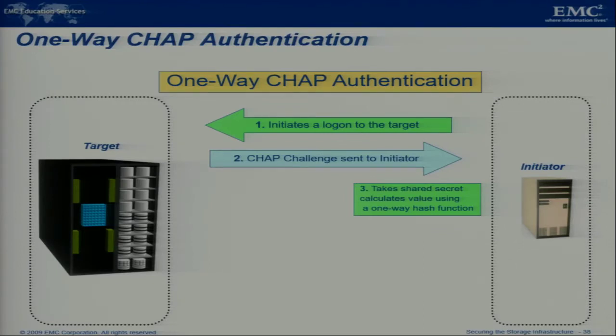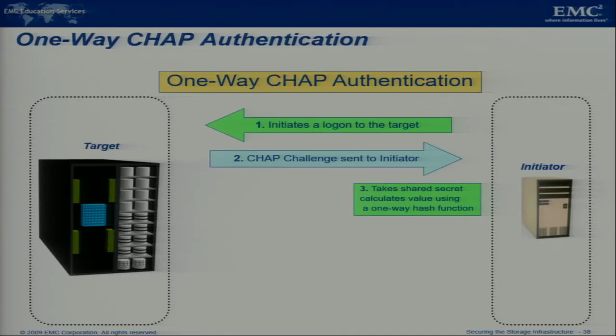So when this challenge is sent, the initiator receives this shared secret key of 12 to 128 characters, and calculates its value using a one-way hash function. The secret key which is shared by the target to the initiator is encrypted using a one-way hash function, say for example an MD5 function.